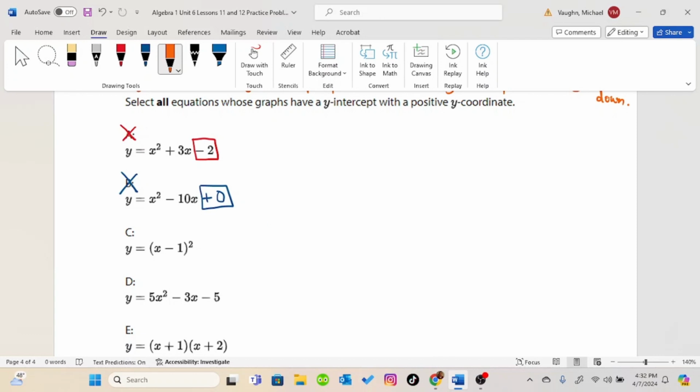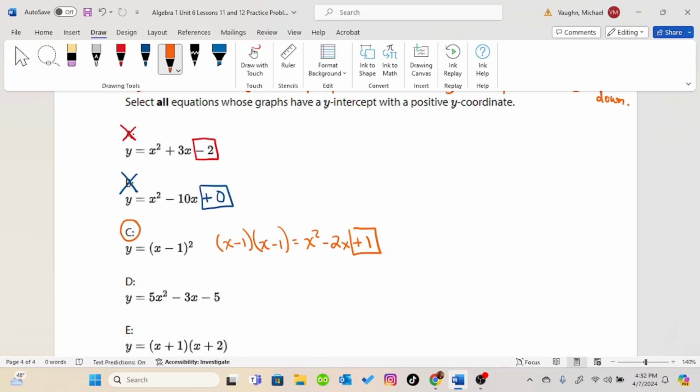C is factored form. This is (x minus 1) times (x minus 1). This becomes x squared minus 2x plus 1, and our y-intercept would be positive 1.